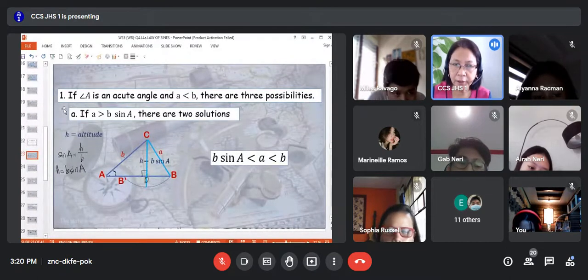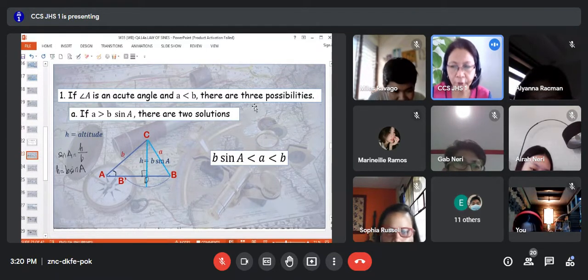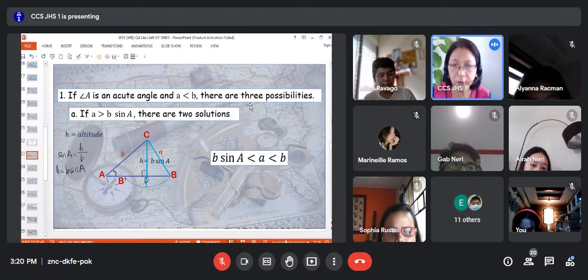Number 1, if angle A is acute and A, the side opposite the given angle, is lesser than the other side, then there are 3 possibilities. It could be one solution, no solution, or 2 solutions.